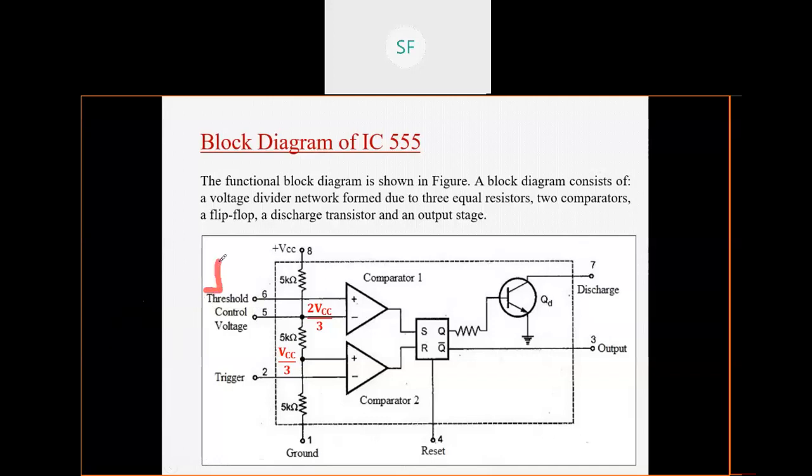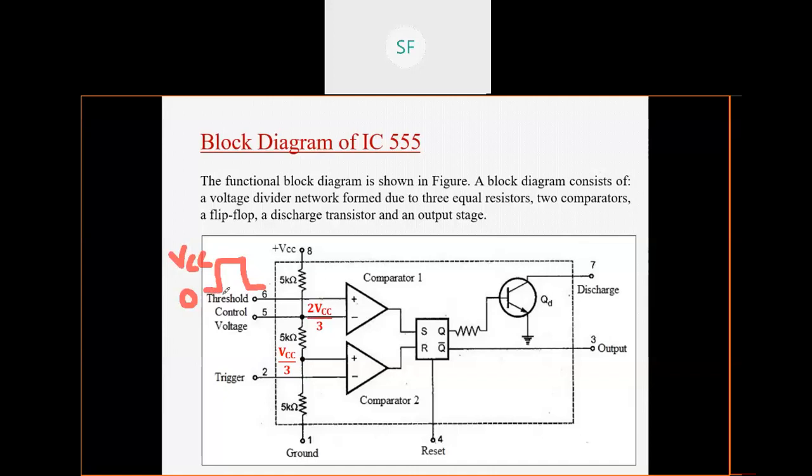The upper positive level or high level is VCC, and the low level is 0. So at this particular point, one moment will come when the voltage will be greater than 2/3 VCC, right?